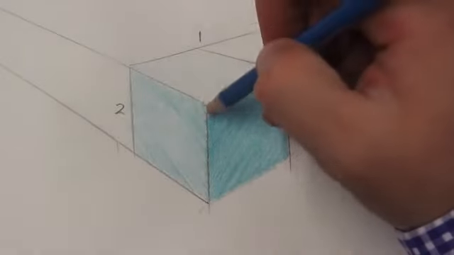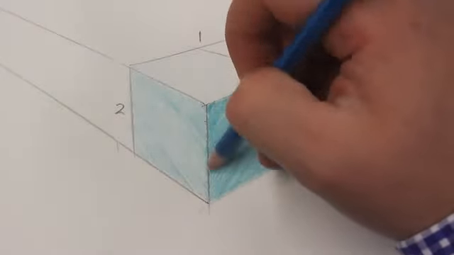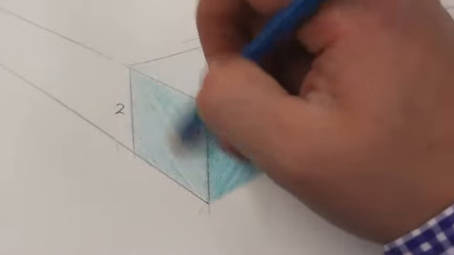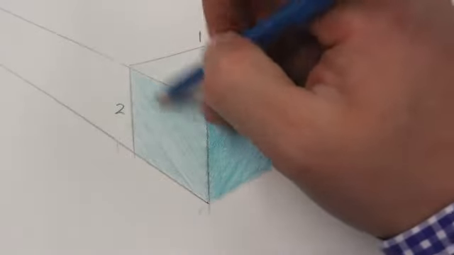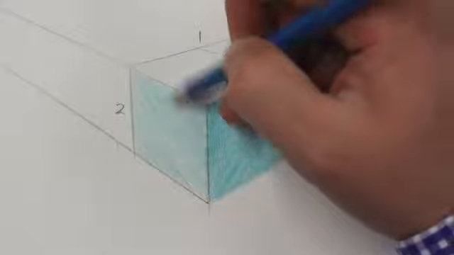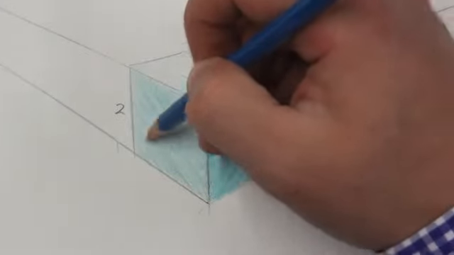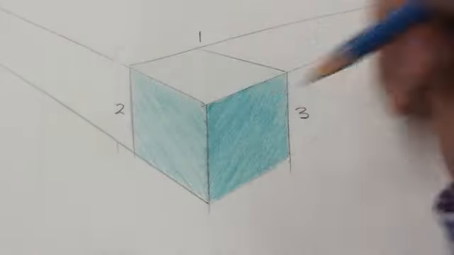So here we've got 1, 2, 3, all different, standing out quite clearly from each other. Basically what you will need to do is go back and just ensure that the 3 different colours stand out from each other.